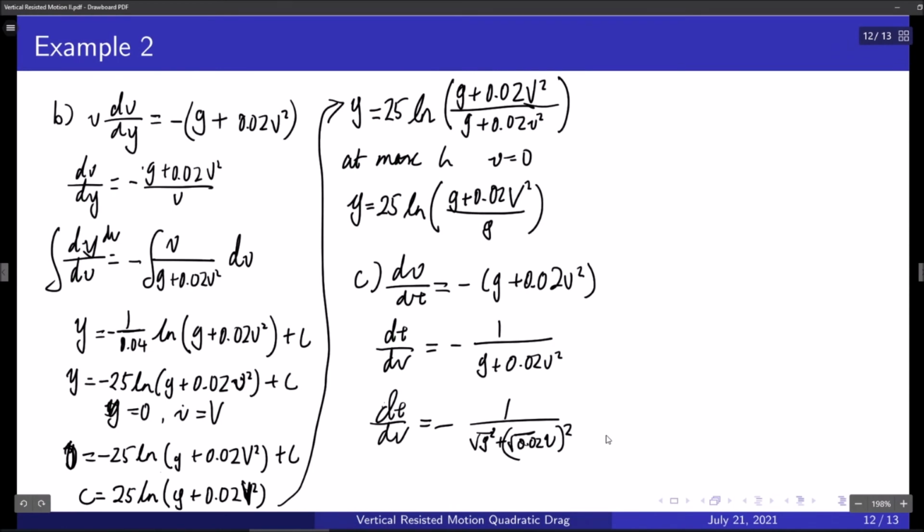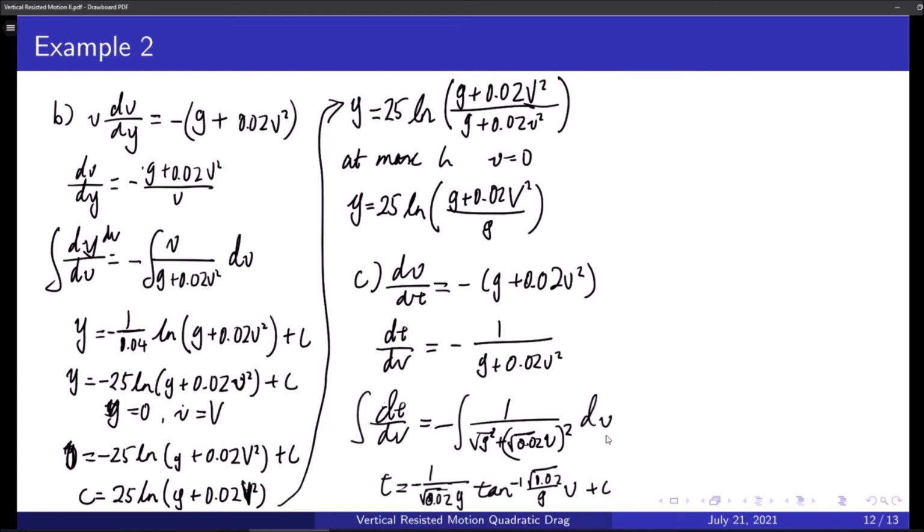Yeah, so we integrate both, and what we would end up with is t equals, if you do all of it, negative 1 over square root of 0.02 times g times tan inverse of square root of 0.02 over g v plus c.